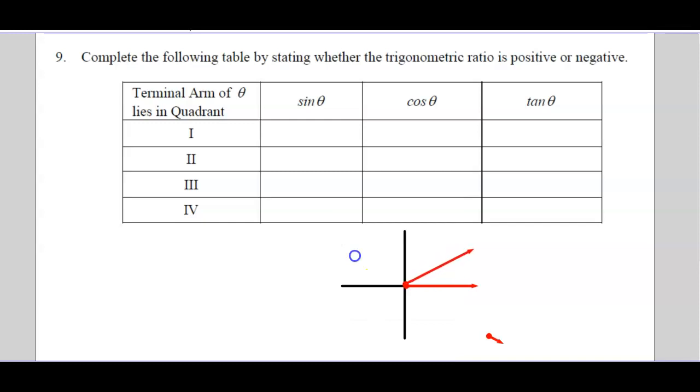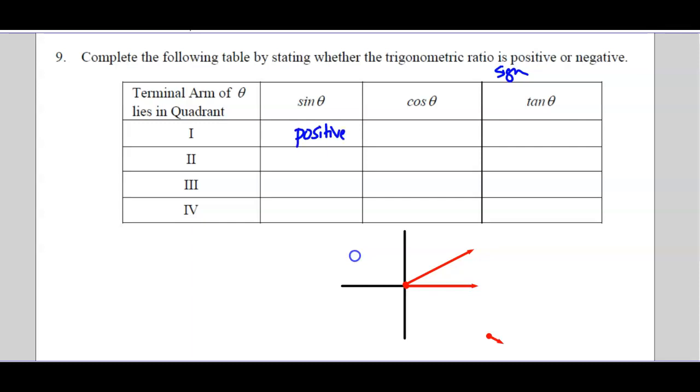So if I have a reference angle, the same reference angle, the triangle formed there has a positive y value over r, so the sine will be positive in quadrant 1.